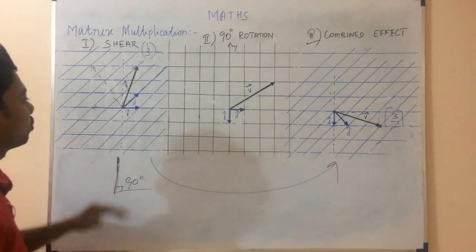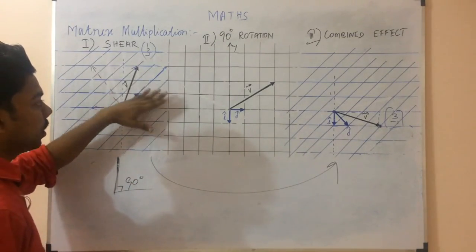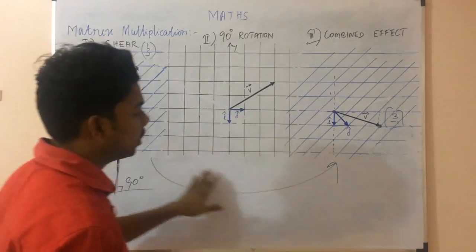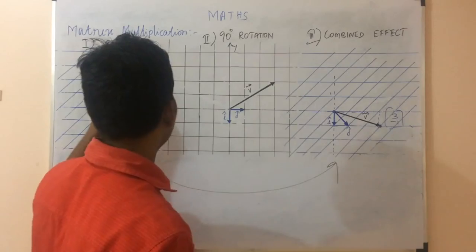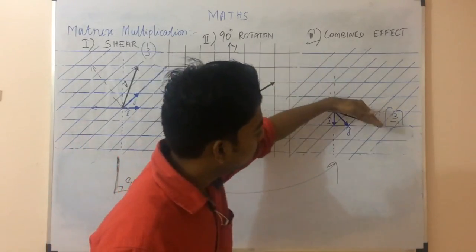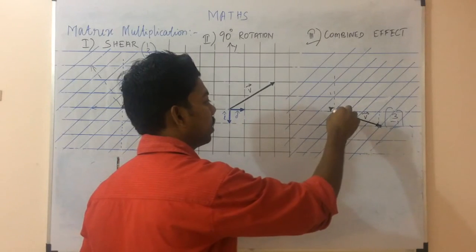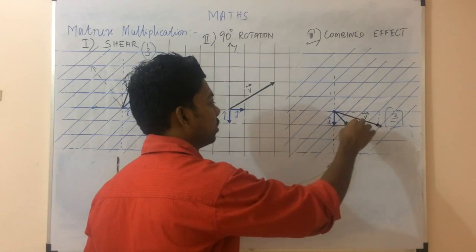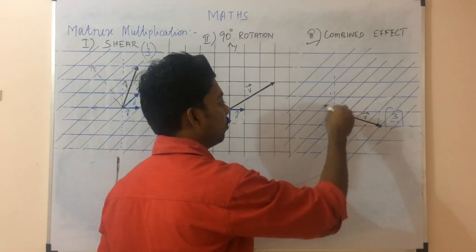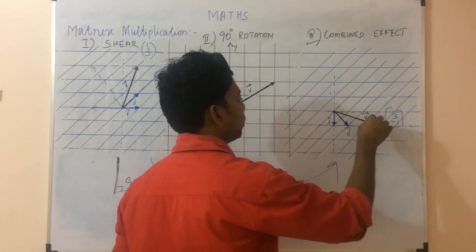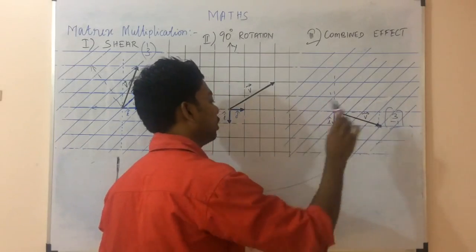Okay. So now, after the shearing, we are doing the 90-degree rotation. After the 90-degree rotation, this vector will go like this. So this will be the final i cap and this is the final j cap. Now if you find i cap and j cap and multiply with this v vector, you will get any vector.